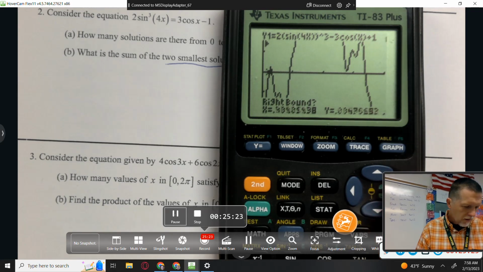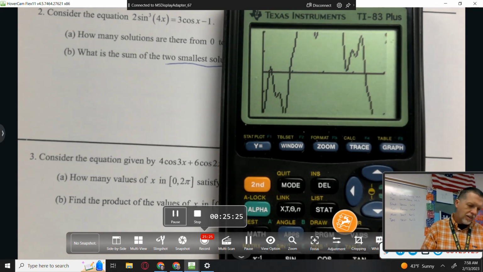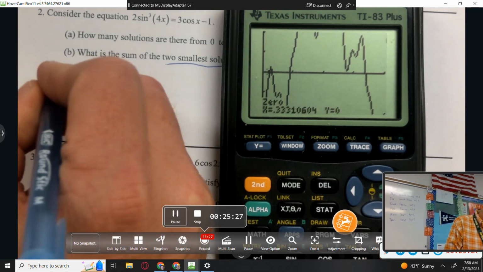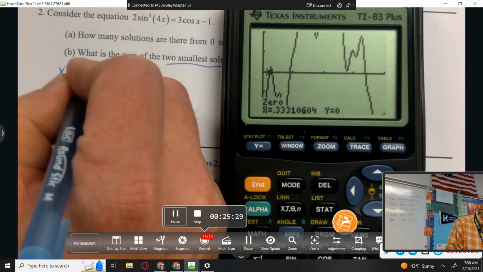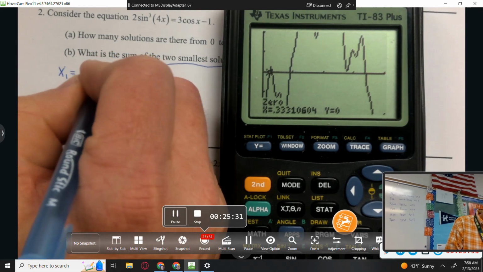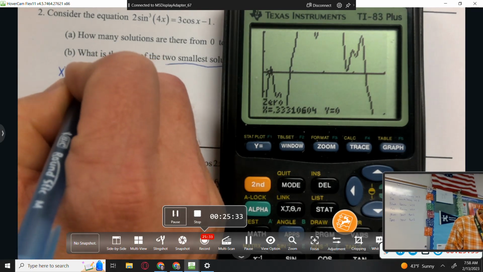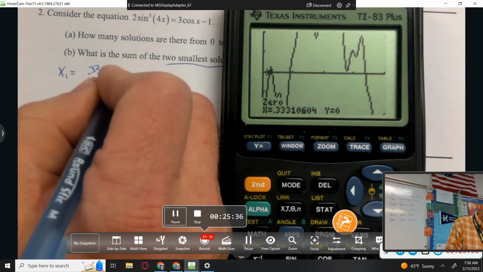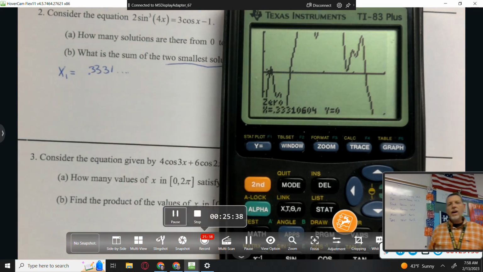Right bound to the right of the 0, and then guess. .3331... Now, I'm going to use that later, so I don't want to write down all of those decimals.